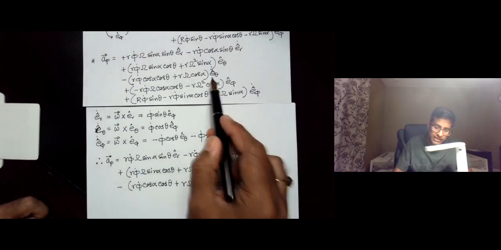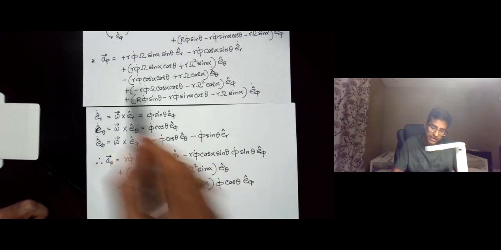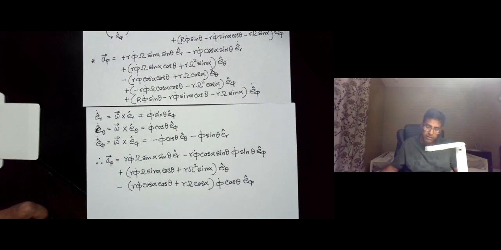This was E theta dot. So E theta dot is phi dot cosine theta E phi. What I am doing is substituting for E theta dot, and hence I have this one term.